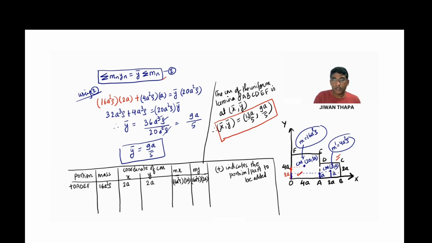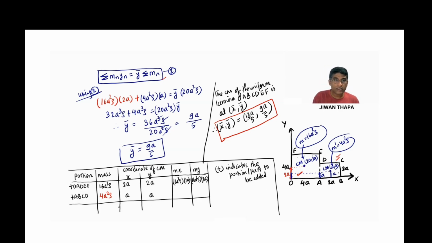Now the next part to be added, okay, to form a composite lamina is plus A, B, C, D, okay. So we have this, and its mass is 4a square rho. And what is its x coordinate? X coordinate is a, y coordinate is a. We can see from the figure, okay, center of mass is having coordinate a comma a.